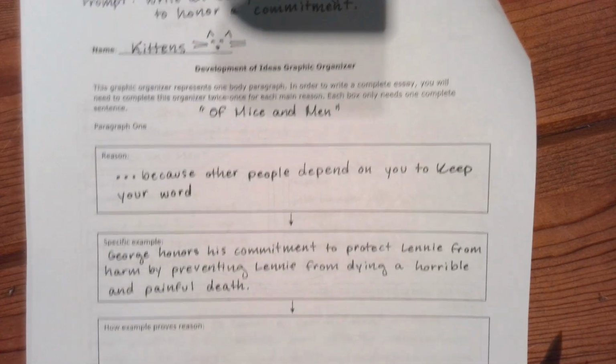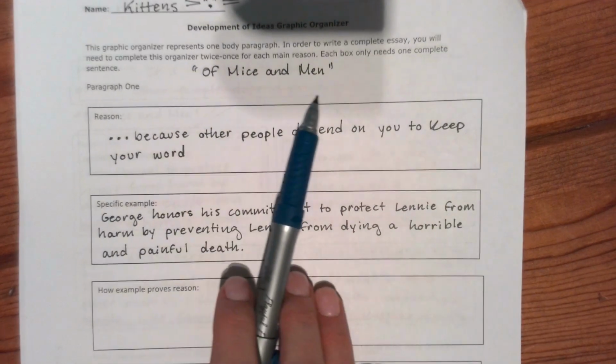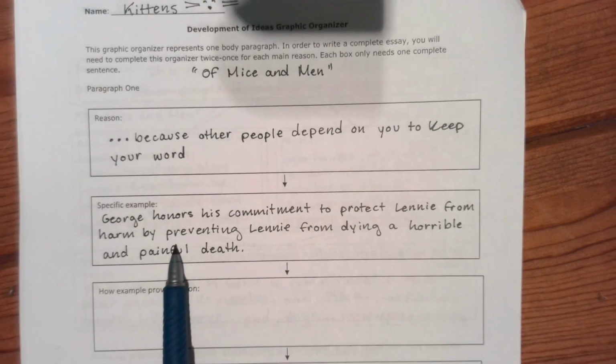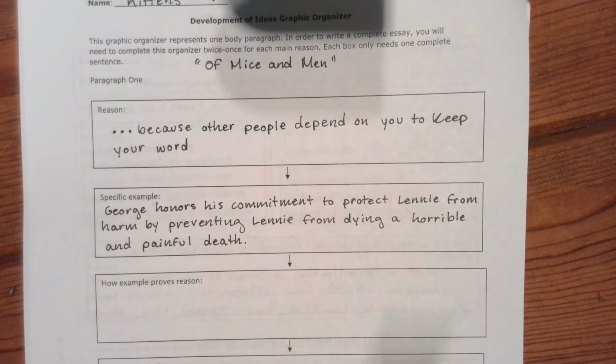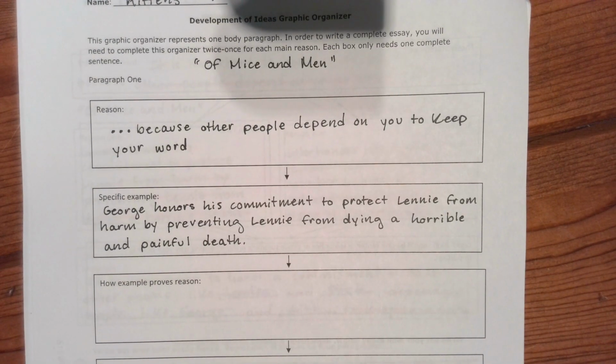Then you can start to go into your body paragraph. And for this first body paragraph, we're going to use the example from Of Mice and Men, the novel that we read this year. So most of you are doing this part, but we're missing the other three down the line. So when you're giving your example, of course, introduce Of Mice and Men to your reader, right?